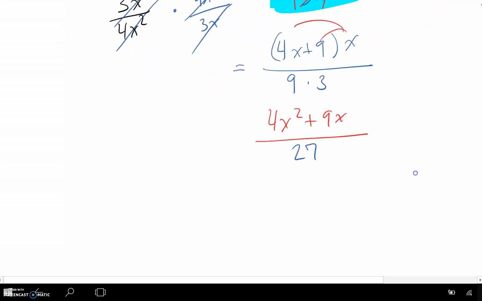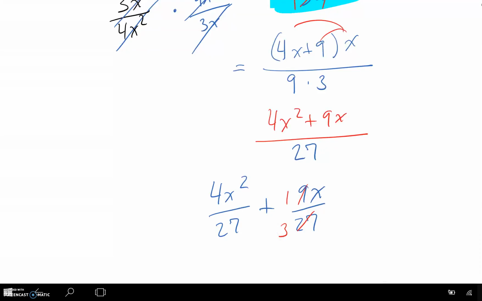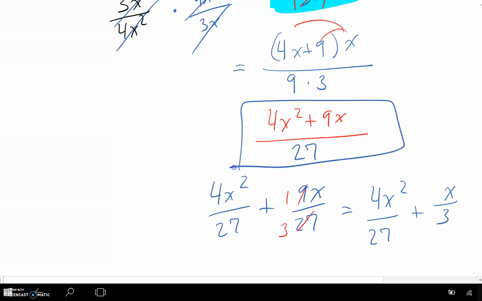Now, if you want to take it a step further, you could rewrite this as 4x squared over 27 plus 9x over 27. And the only reason I was doing that was because I can cancel it out to a third. And then your new final answer would be 4x squared over 27 plus x over 3. So I like this answer better. To me, that looks simpler than this.